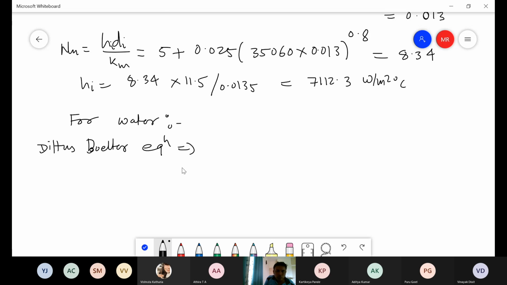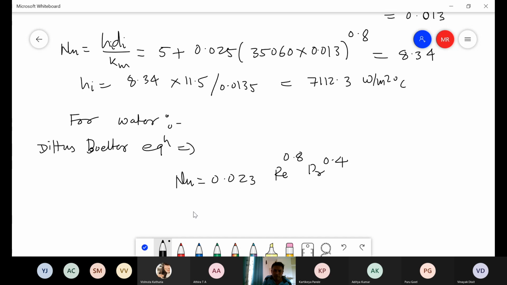That is given as Nusselt number equals 0.023 Reynolds number raised to the power 0.8 into Prandtl number raised to the power 0.4. This 0.4 is because we are heating the water. That is why the exponent is 0.4.